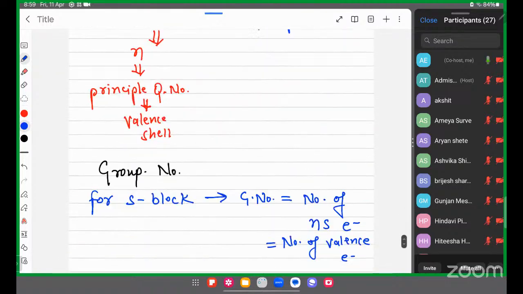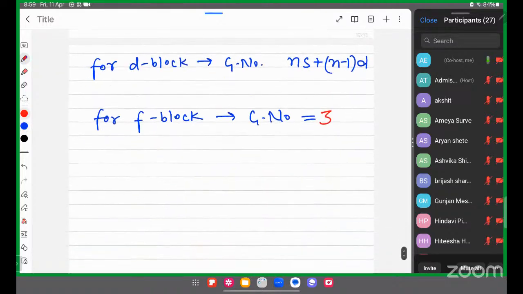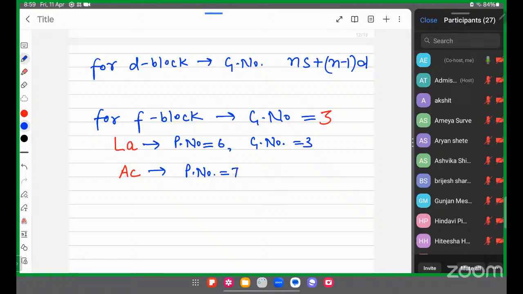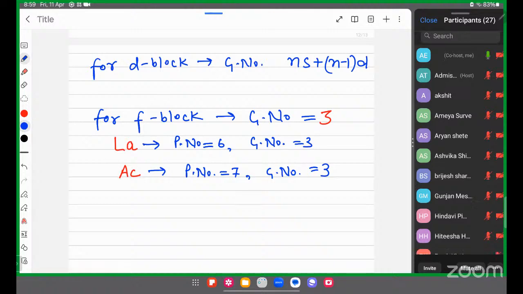In the f block we have two series, lanthanoid and actinoid. For lanthanoid, the period number is 6 and the group number is 3. For actinoid, the period number will be 7, but the group number will be the same as for lanthanoid, that is, the third group. Are you getting it or any doubt?